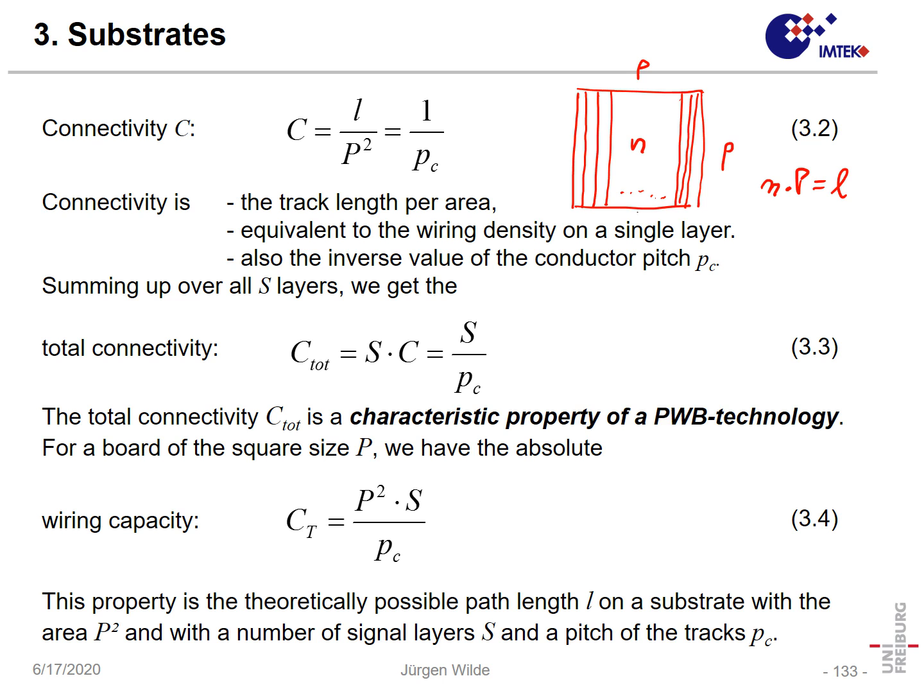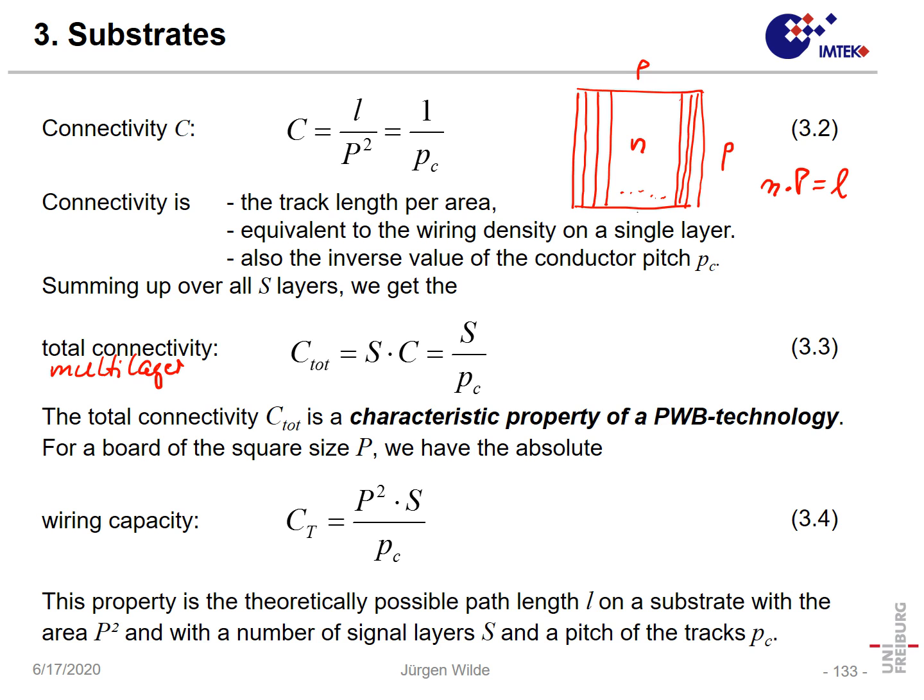Now it's important, the total connectivity of a board is S times C. So that means the total connectivity of a multi-layer board is just the number of layers divided by the pitch. And the total connectivity is a characteristic property of a printed wiring board, in the same way as the pitch also is a representative of a certain technology.